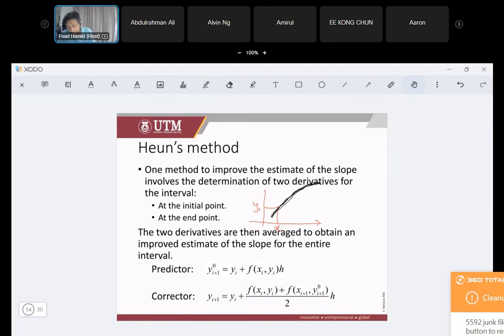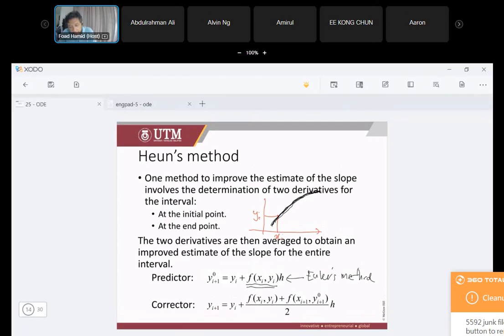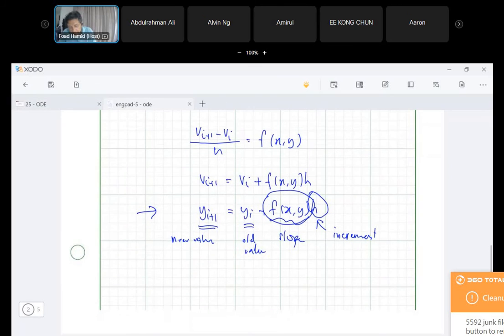If you look at this, this is just our Euler's method, right? Look at the slope here. This is the same slope as the Euler's method.